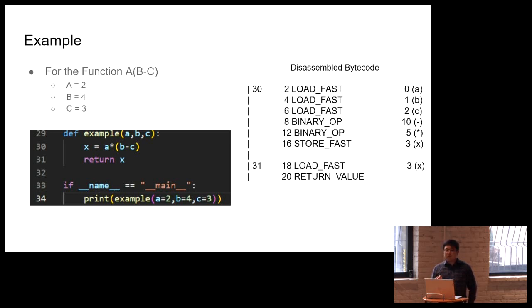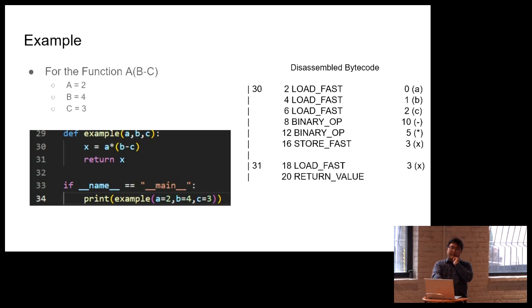As you can see before, here's a picture of the code. It's very simple. And to the right, if you remember what I talked about, the compiler part of the CPython interpreter basically takes what's in the picture and disassembles it into bytecode.